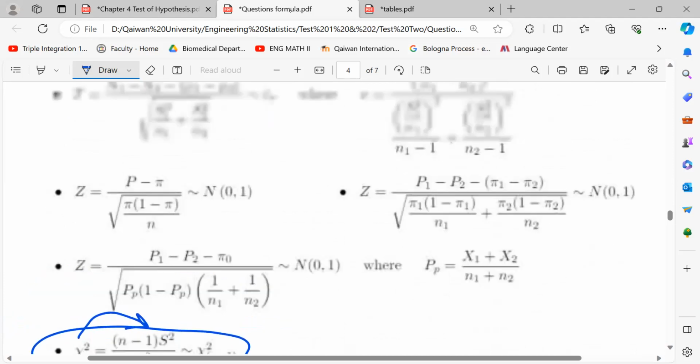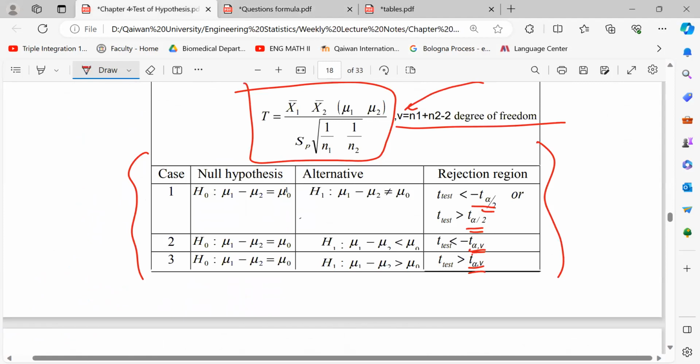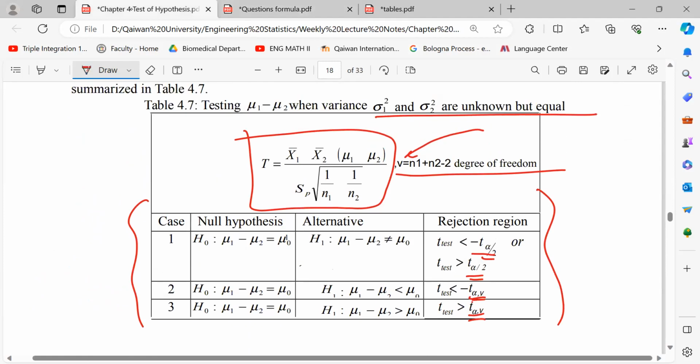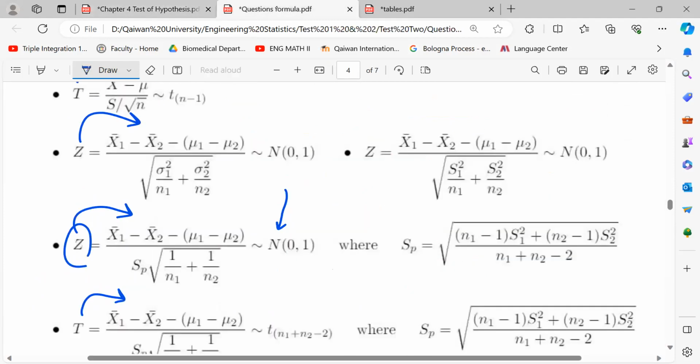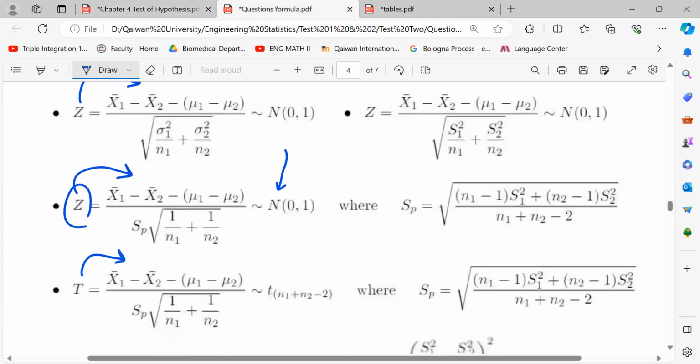Okay? This is the rule. We say ASP in the denominator, we have ASP. And the numerator is the same. X1 minus X2 minus mu1 minus mu2 over ASP times square root of 1 over N1 plus 1 over N2. What's ASP? ASP should be given in the list of tables.